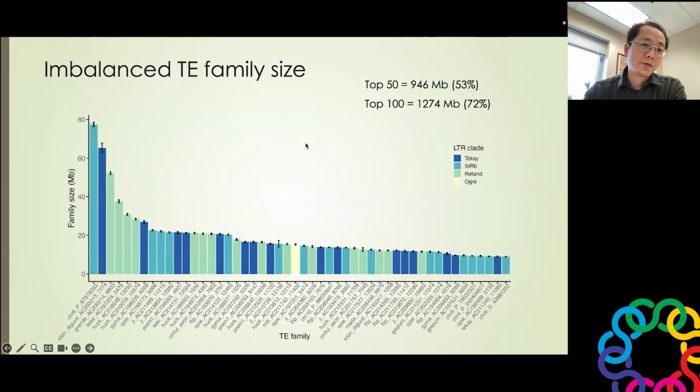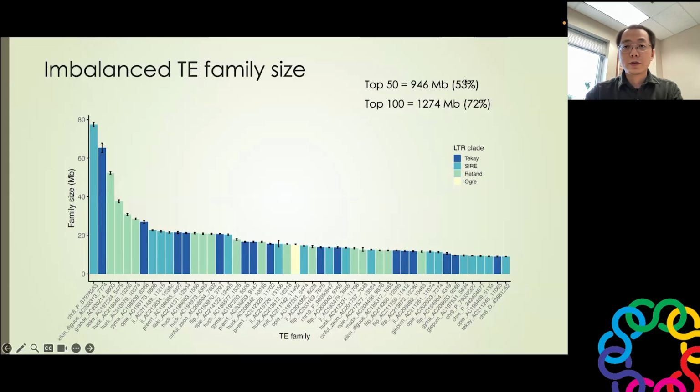And if you rank them from the largest family to the smallest, here are the 100 largest families in the maize genome. The largest one is almost 80 megabases, two-thirds of the Arabidopsis genome, for only one family. So this is huge. And it quickly drops to around 10, 15 megabases families, I think this is the 50th largest.